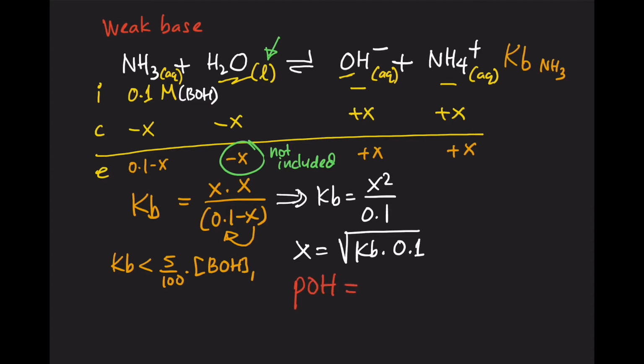So pOH is minus log of OH minus, therefore it is minus log X. And after we obtain the pOH, we can obtain the pH by taking 14 minus pOH, because pOH plus pH is 14. So this is how we calculate the pH for weak base reaction.